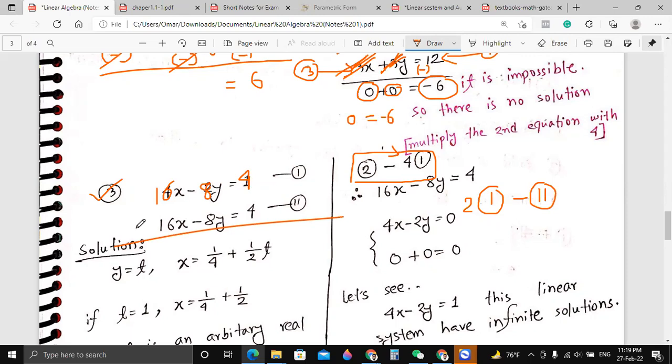So if I subtract them, it will be minus, it will be plus, and it will be minus, right? So you see 16x gets cancelled, that means 0. Plus 8y minus 8y also gets cancelled.